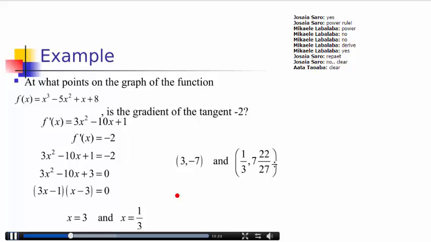Now how are we going to solve it? First of all, we know one thing. When we differentiate a function, we get a gradient.